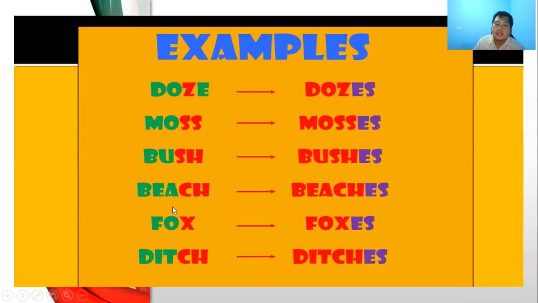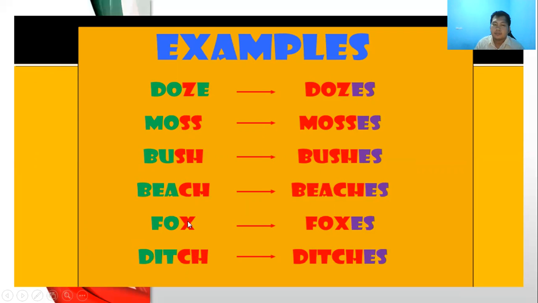Next is beach. Beach ends with ch, so we have to add es at the end of the word, so it becomes beaches. Okay. Next one is fox. Fox ends with x, so we have to add es at the end of the word, and it will become foxes.